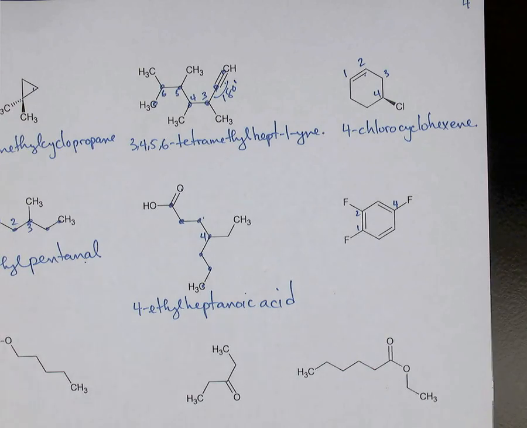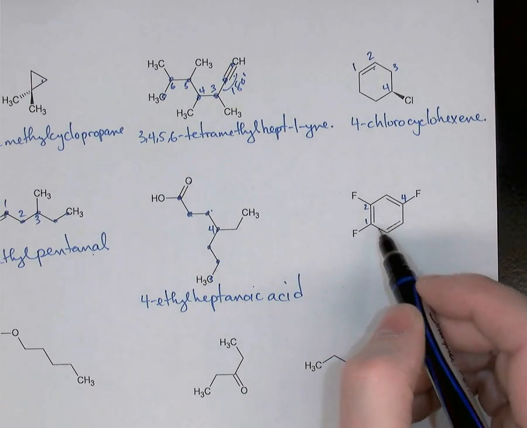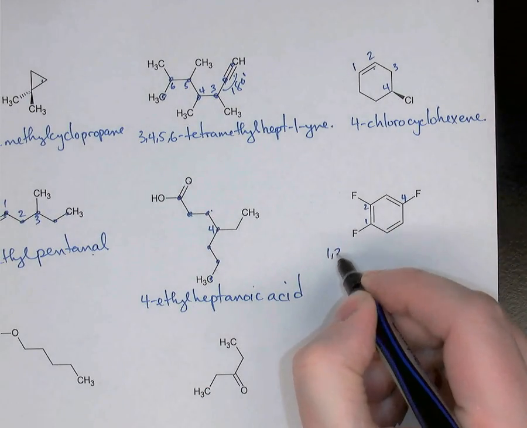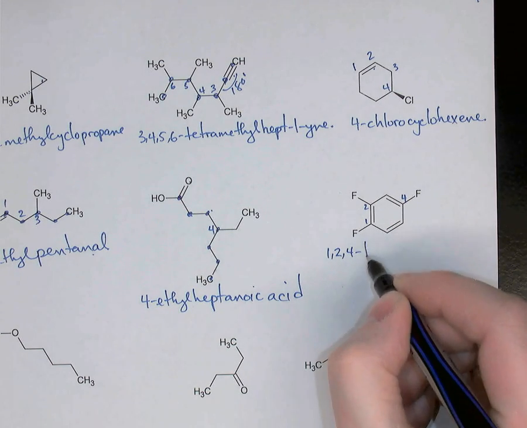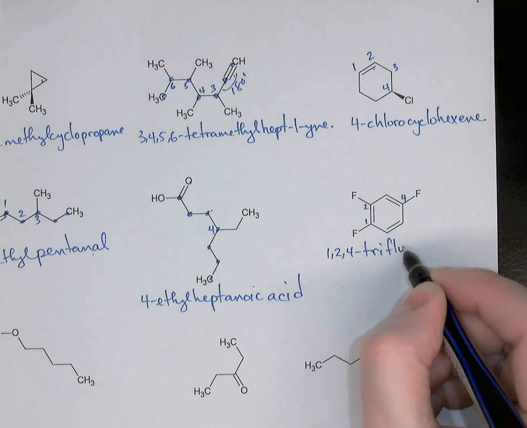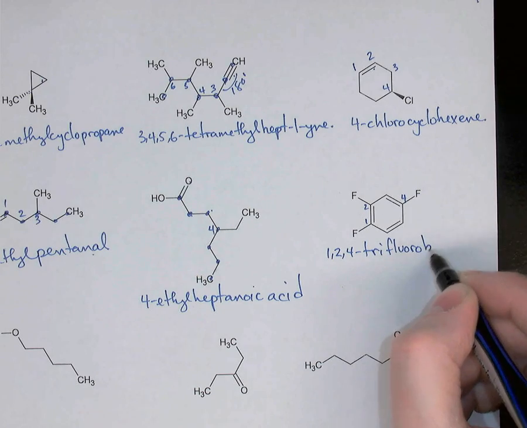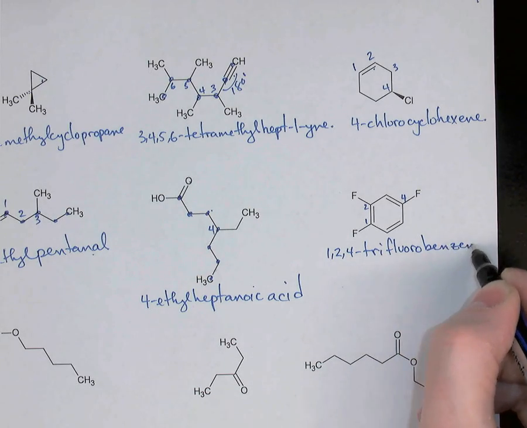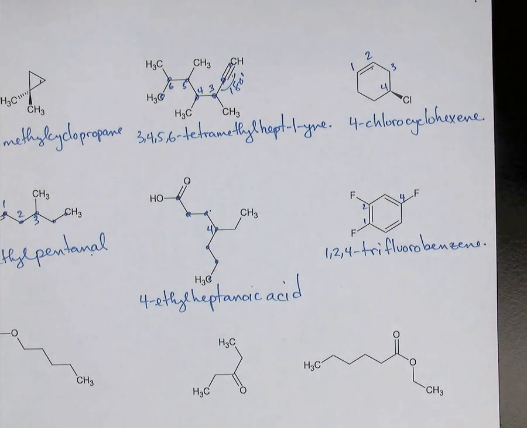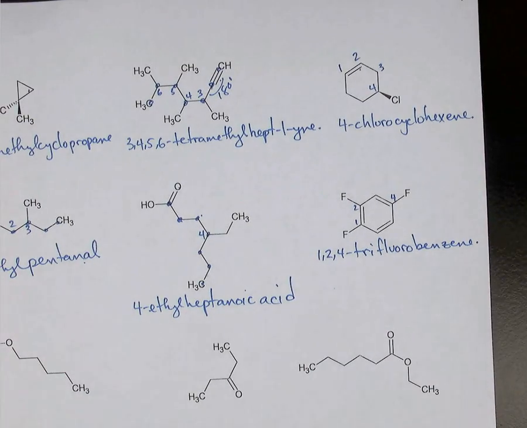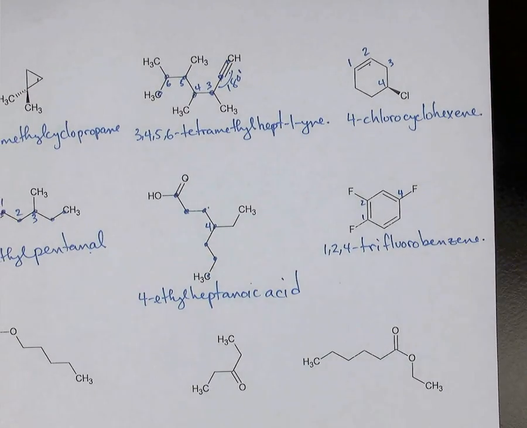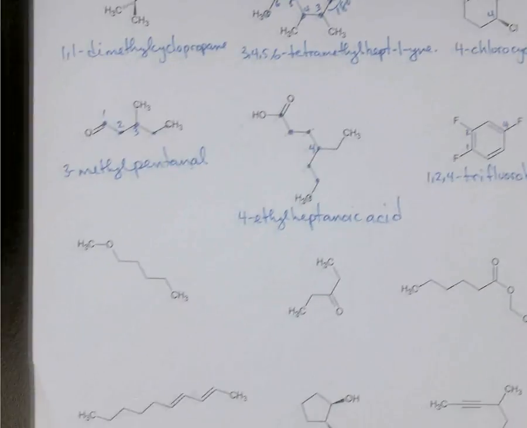Those only apply when there's 2 branches. So we'll call this 1, 2, 4 trifluorobenzene. The benzene ring is always at the heart of aromatic hydrocarbons.